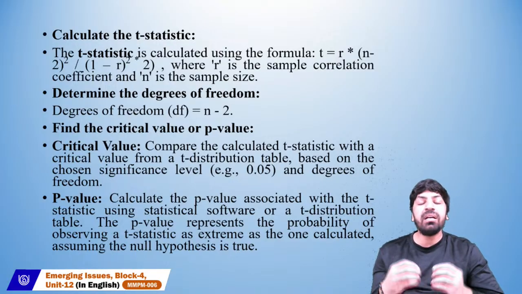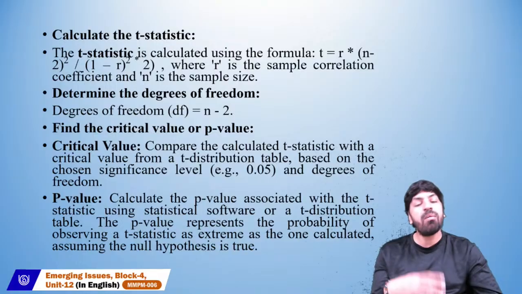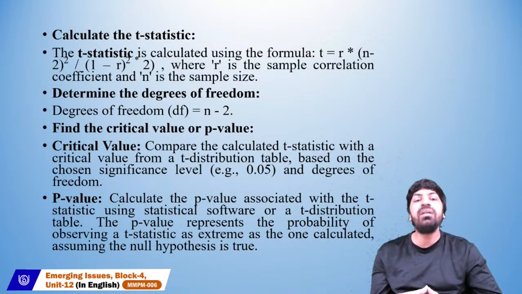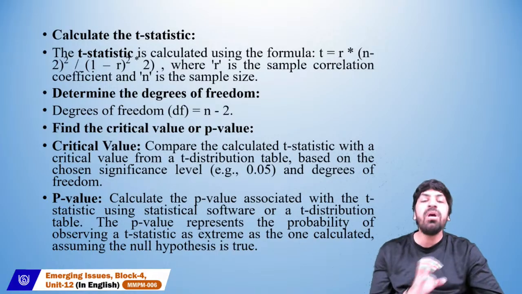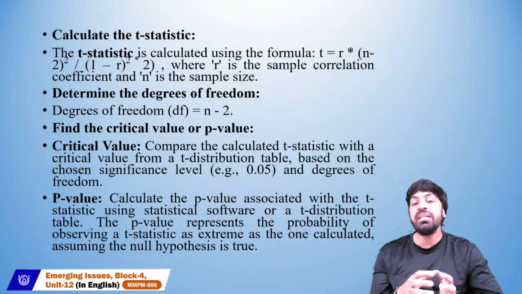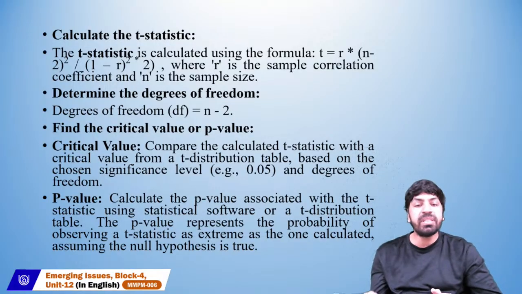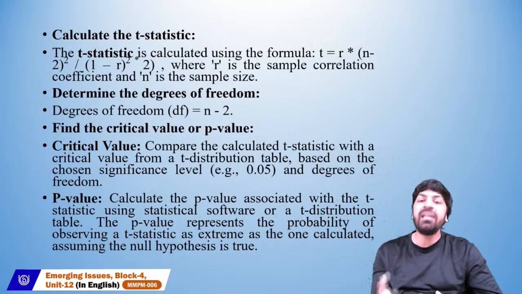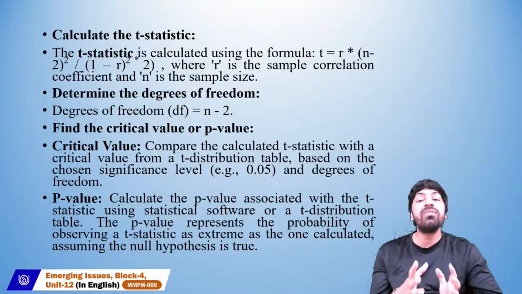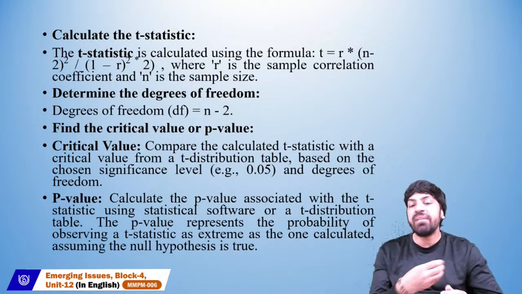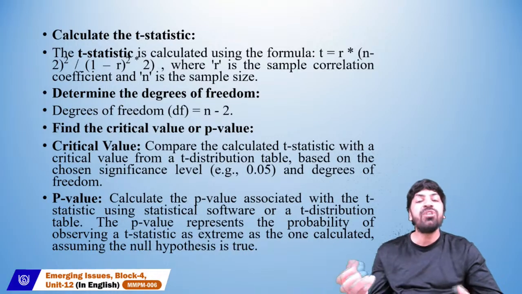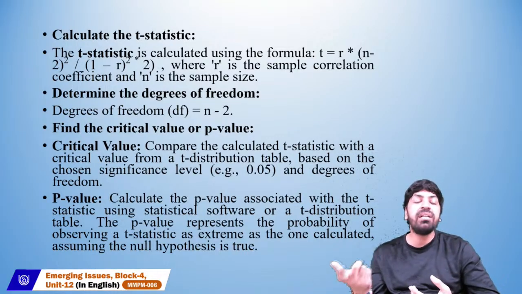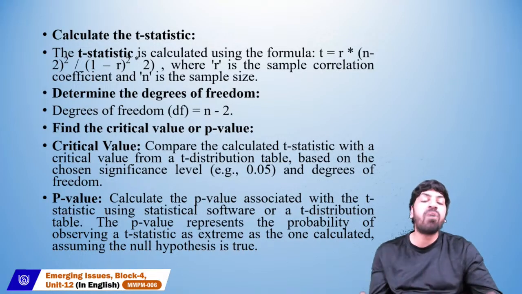We estimate the table value from the t distribution table, where the degrees of freedom are shown on the row side and the significance level on the column side. Accordingly, whatever the degrees of freedom, you can check the exact value under 0.05 in the column and estimate the table value.